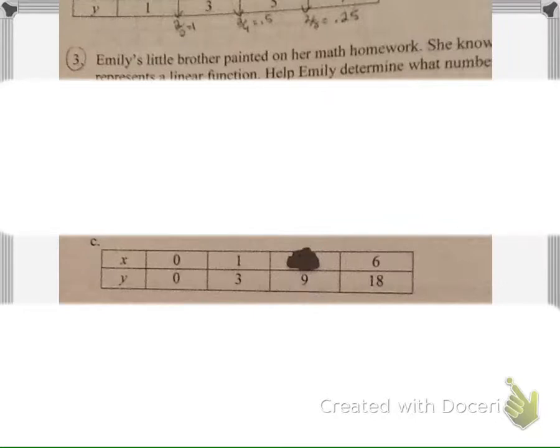Okay, C. Again, here it's going up by 1. Here it's going up by 3, 6, 9. And since this is where it's going up by 1 change in x, it changes by 3 on the y, which is my slope. 3 divided by 1 is 3, which means the caret here has to be a 2 because 6 divided by 2 is 3, and I want to keep my slope of 3.